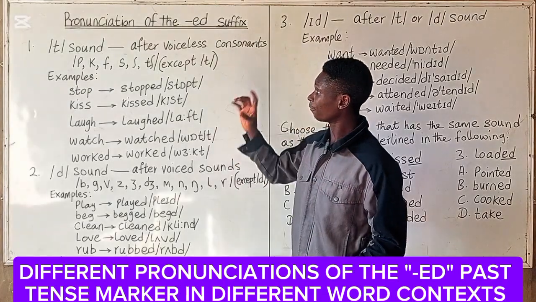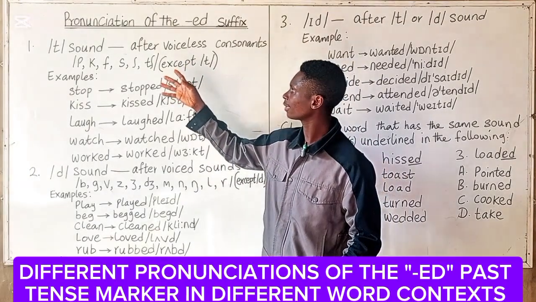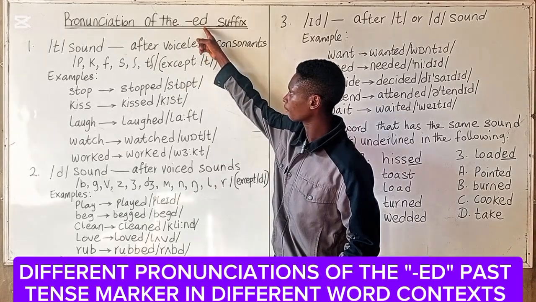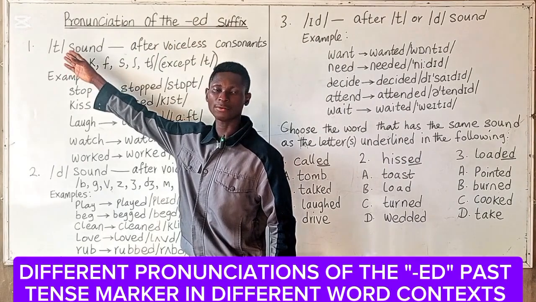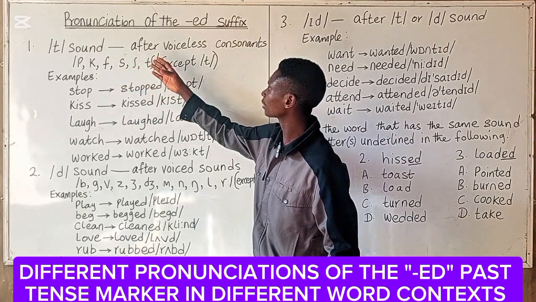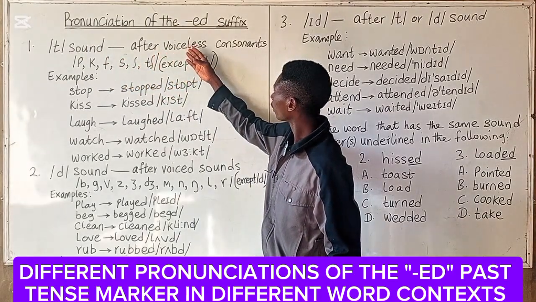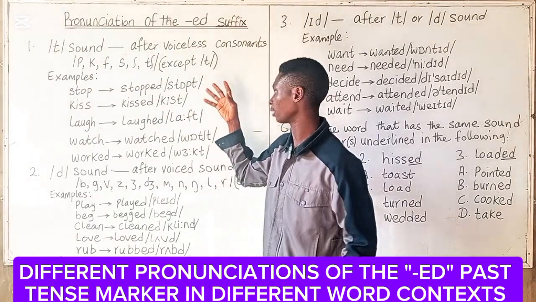Right, so the first way we can realize or produce the ed is as the sound t. We can realize it as the sound t, and normally when it comes after voiceless sounds, voiceless consonants to be precise.